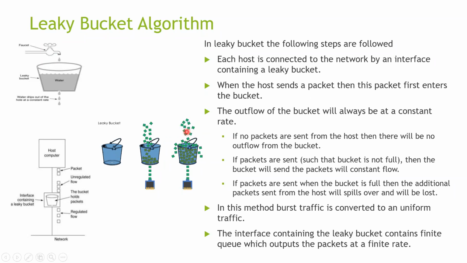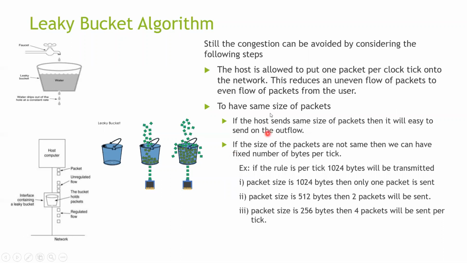This is how it is controlled in the channel during transmission. We can still control it in the host itself, by having uniform packet size and allowing the host to send one packet per clock tick.